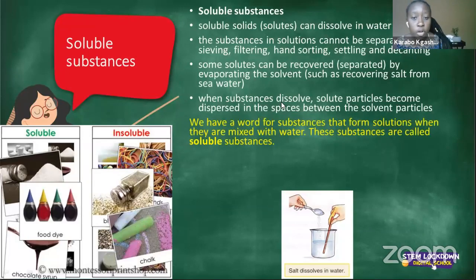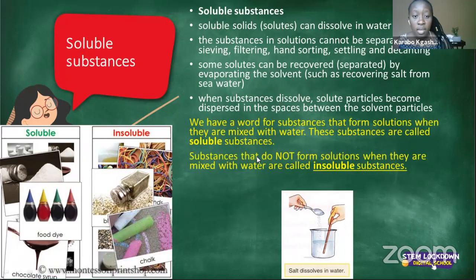We have a word for substances that form solutions when they are mixed with water. These substances are called soluble substances. Substances that do not form solutions when they are mixed with water are called insoluble substances.